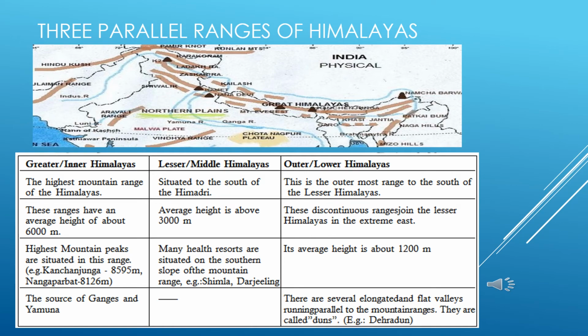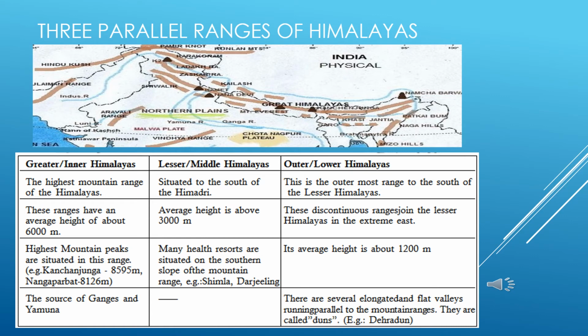The altitude varies between 3,700 and 4,500 meters, and the average width is 50 kilometers. The Pir Panjal range forms the longest and the most important range. The Dhauladhar and the Mahabharat ranges are also the prominent ones.